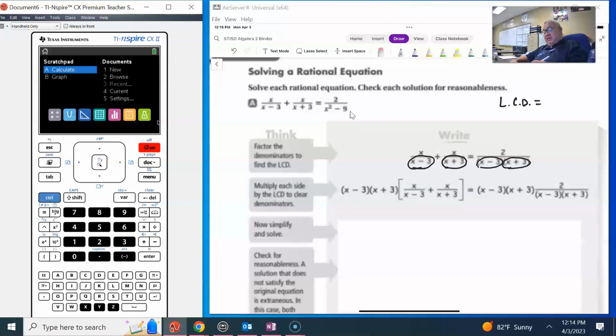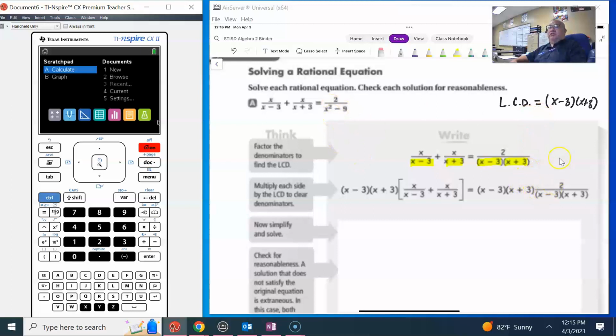So we notice that the LCD will be what they have in common and what they don't have in common. So our LCD is going to be x minus 3 times x plus 3.